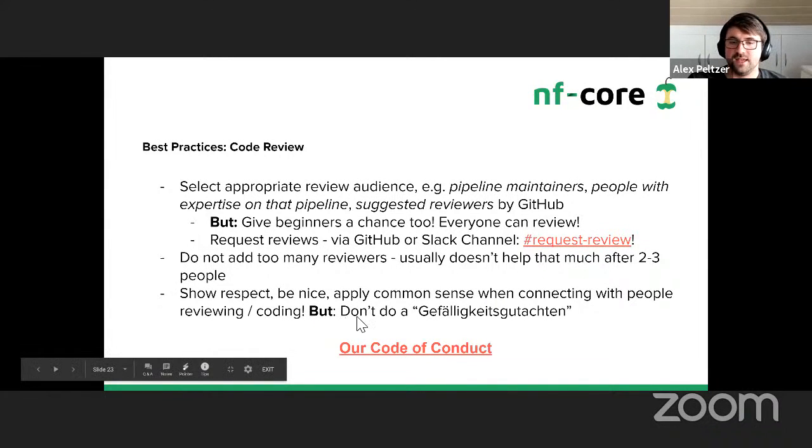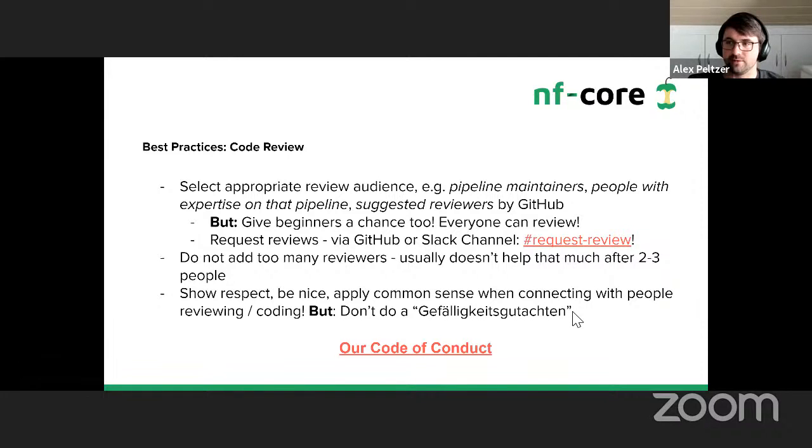Honestly, I also have to say, don't do a so-called, as we would say in German, Gefälligkeitsgutachten. You should never do a review if you're not entirely sure you can cover the entire code piece, or if you don't have the time to invest at least a couple of minutes to actually do it properly, because that doesn't help the person on the other side working on the pull request.